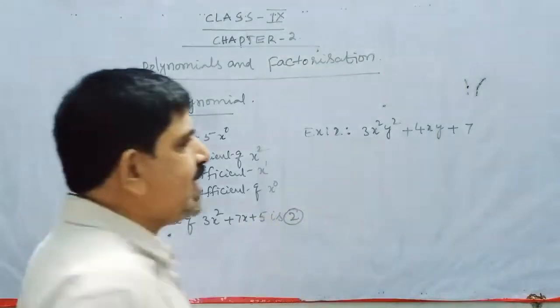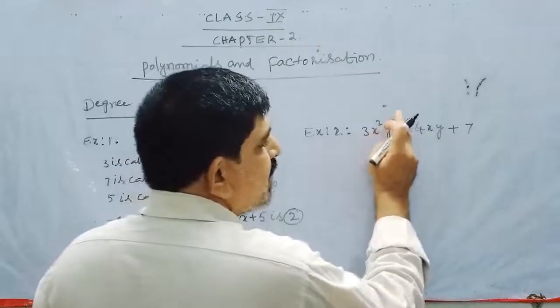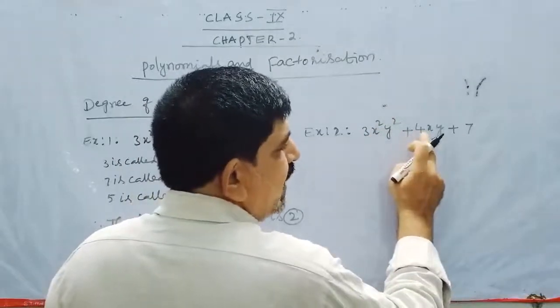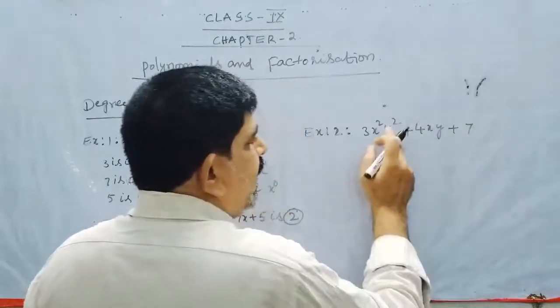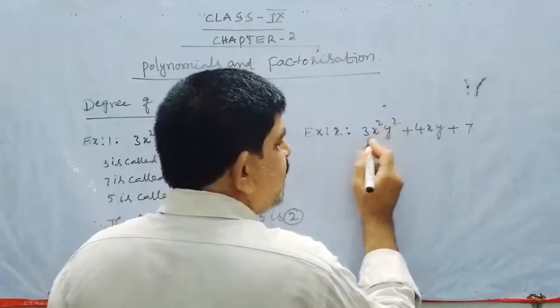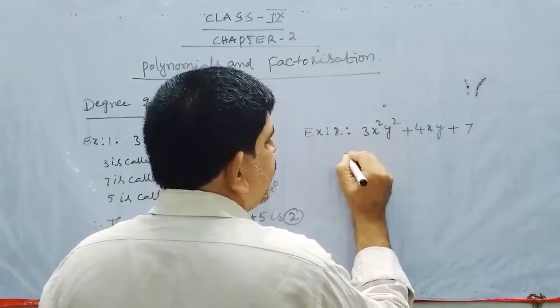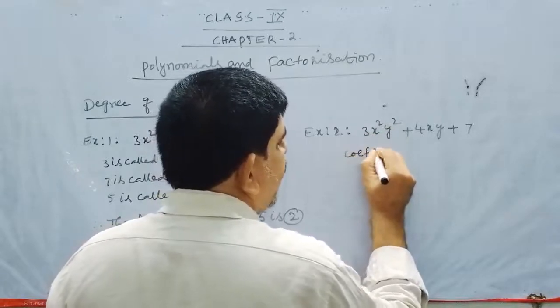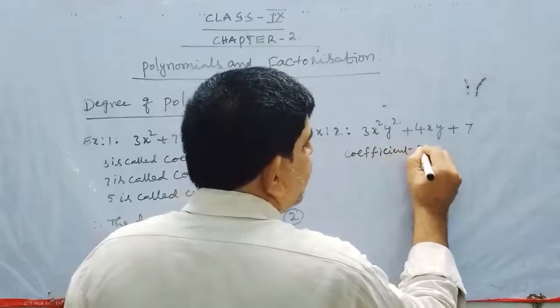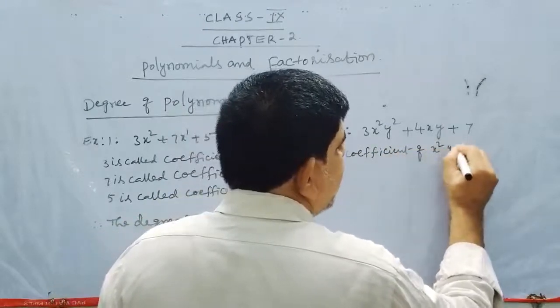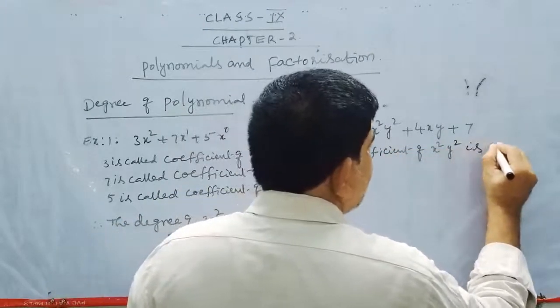See second example, here x square y square plus 4xy plus 7. Here the coefficient of x square y square is 3.